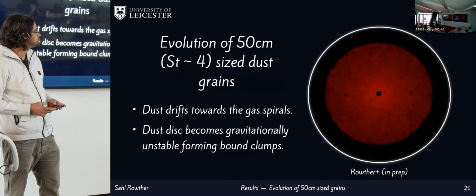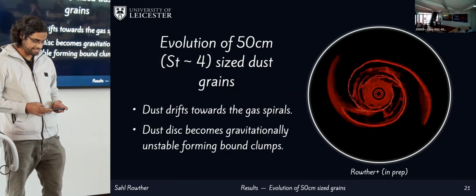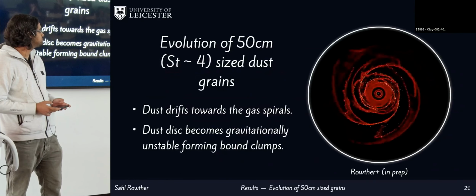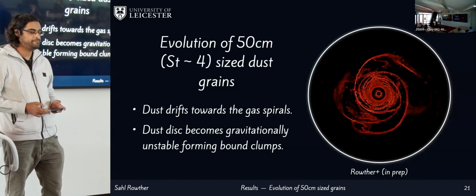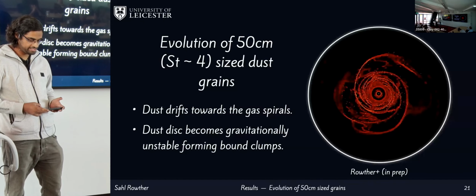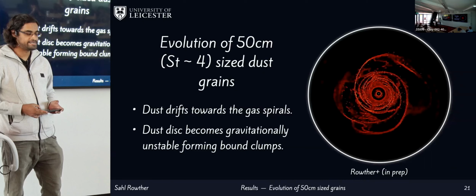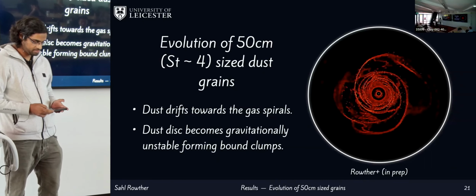So this video here shows the evolution of the 50 centimeter size grains. So the dust is immediately attracted to the gas spirals.